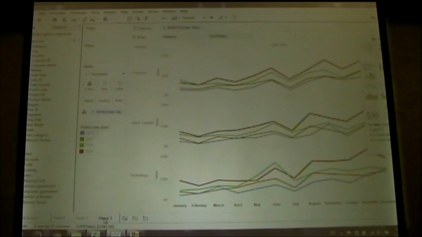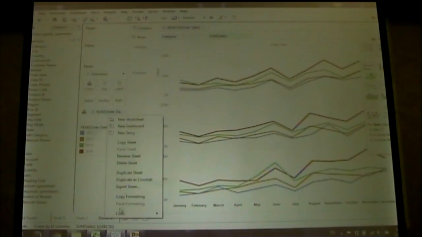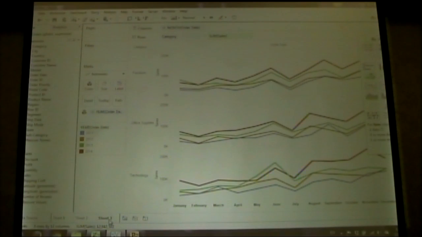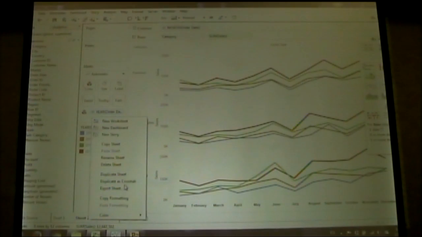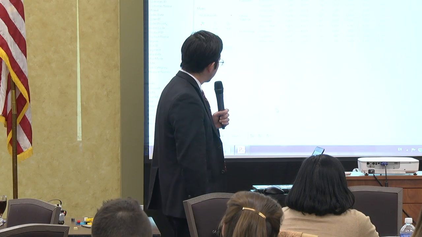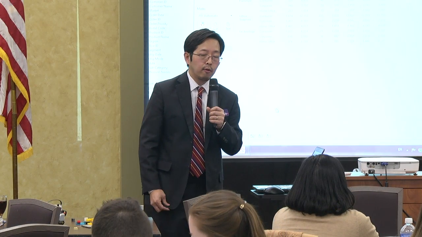Okay, in addition to this picture format, I can put them in tabular format. Some people would prefer to look at the tabular format.